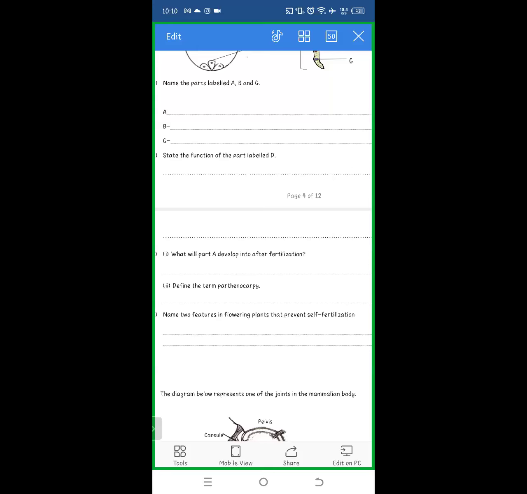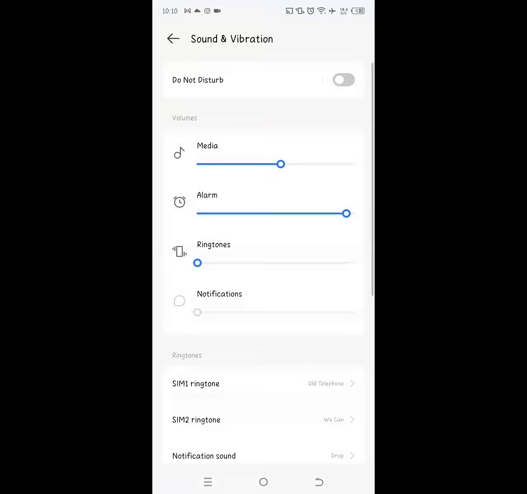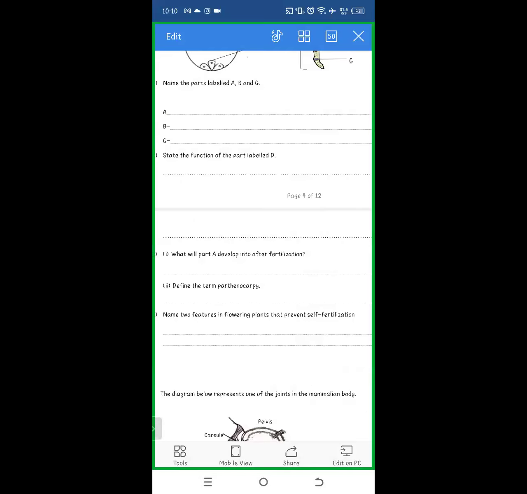We have heterostyly. So those features that prevent self-pollination and enhance cross-pollination, we have heterostyly, like you've said. Hetero means different, like we have heterozygous, heterotrophism, heterogametic.